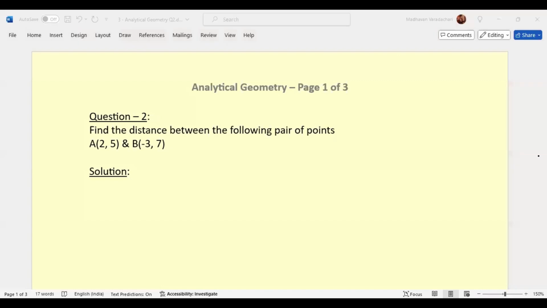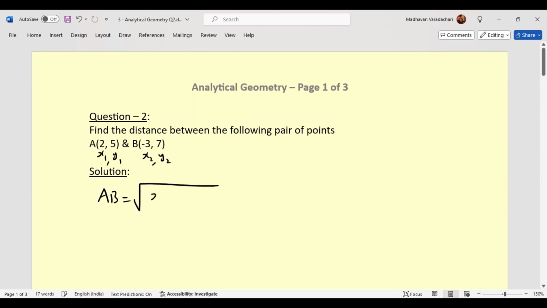Let us move on to question 2. Find the distance between the following pair of points A(2, 5) and B(-3, 7). So let us consider this as (x1, y1) and this is (x2, y2). Then distance AB will be root of (x1 minus x2) the square plus (y1 minus y2) the square.